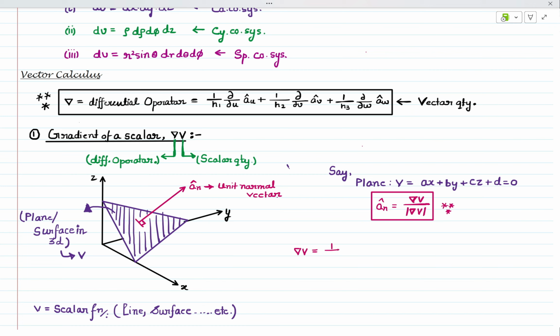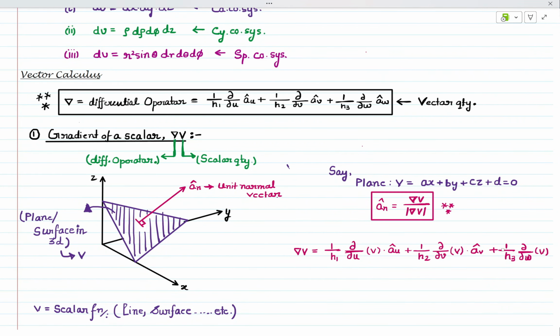So just write like this: 1 by h1 dou by dou u, and V is a scalar function, so into V, in the direction of au, plus 1 by h2 dou by dou v in the direction of av. As V is a scalar function, V will be multiplied with each and every component of this del operator, that is, with dou by dou u, dou by dou v, and dou by dou w. So that is 1 by h3 dou by dou w into V.